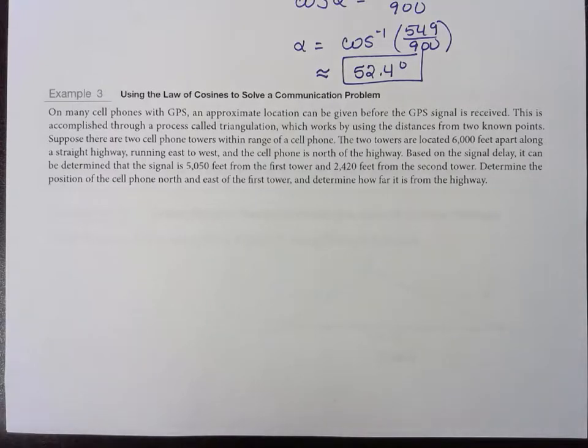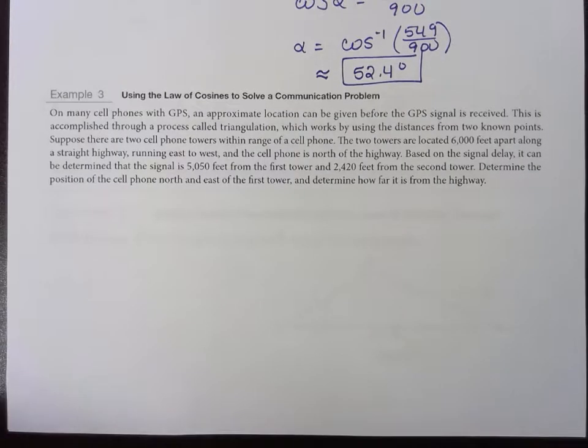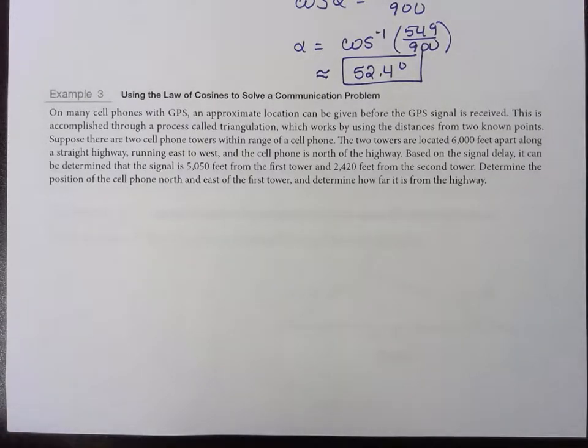On many cell phones with GPS, an approximate location can be given before the GPS signal is received. This is accomplished through a process called triangulation, which works by using the distances from two known points. Suppose there are two cell phone towers within range of a cell phone. The two towers are located 6,000 feet apart along a straight highway running east to west.